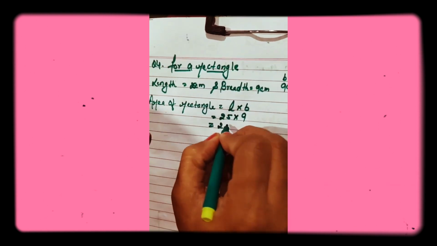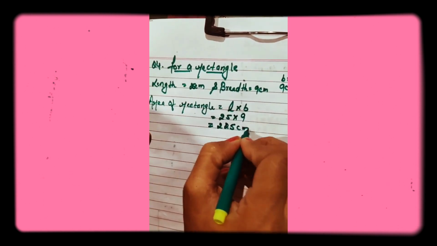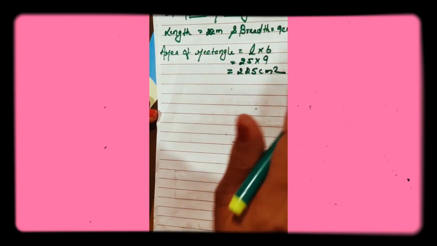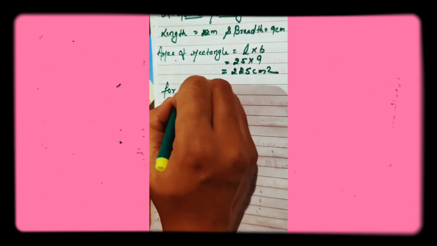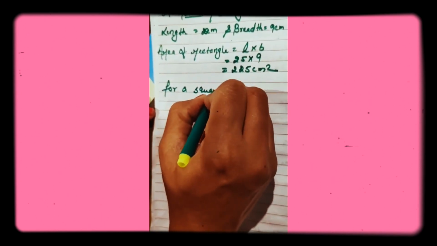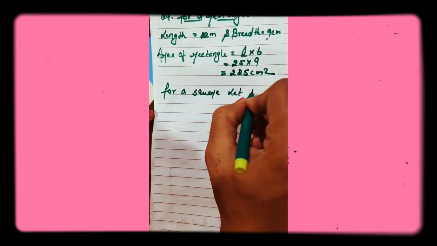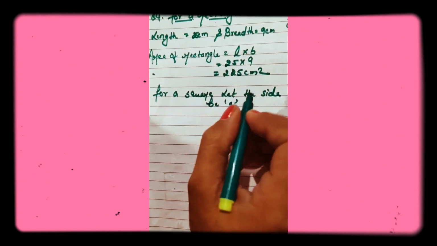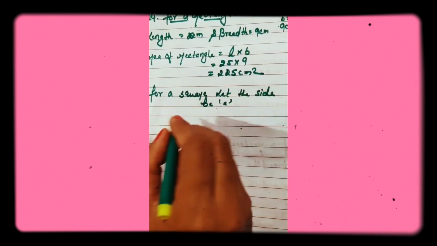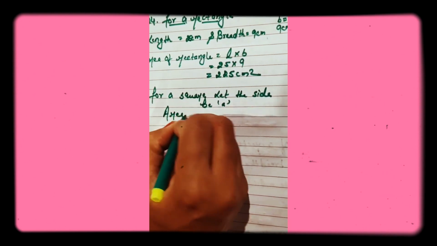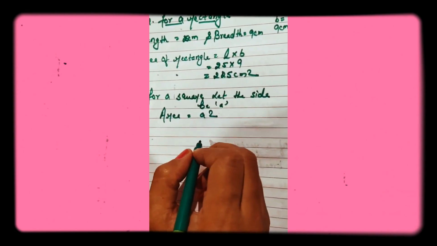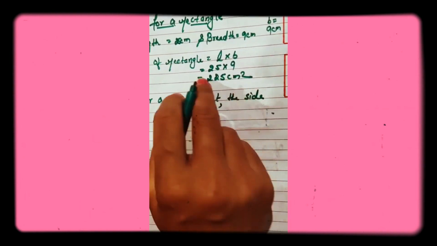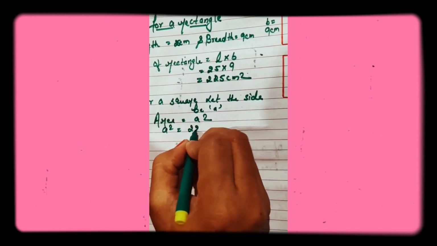Total will be 225 centimeter square. Now second part, we have to find square. So for a square, let the side be A. We suppose their side should be A. So area equal to A square, means side into side. So A square equal to what given? 225.